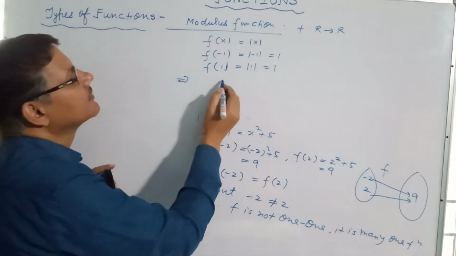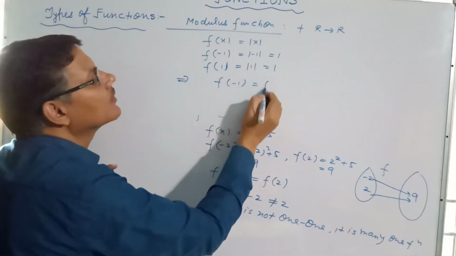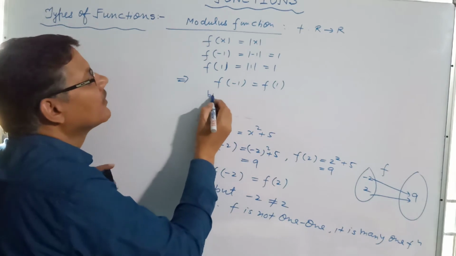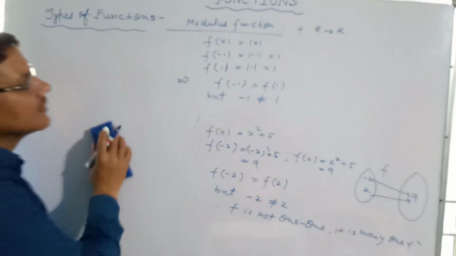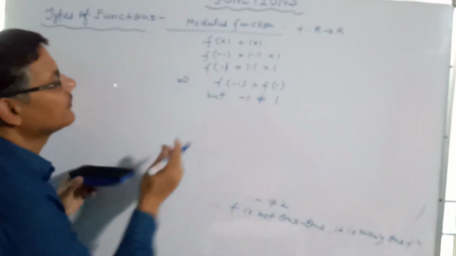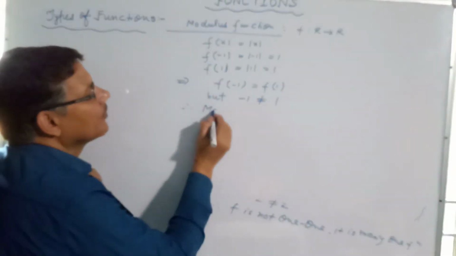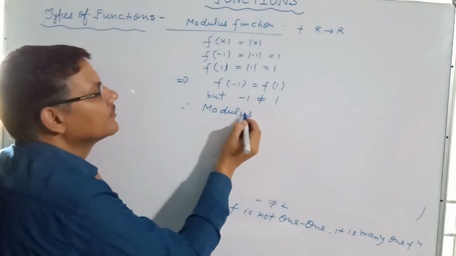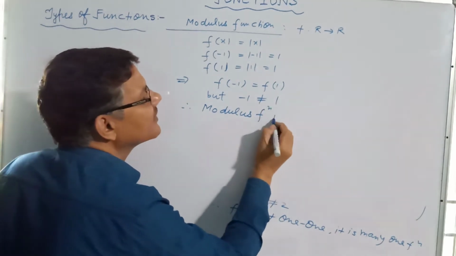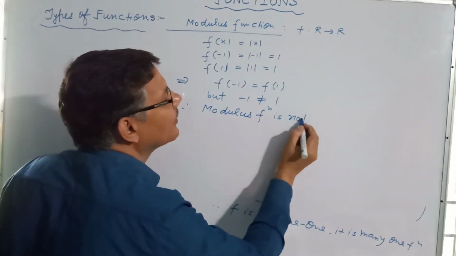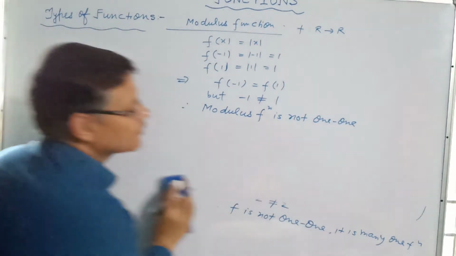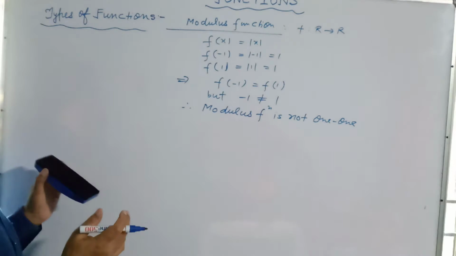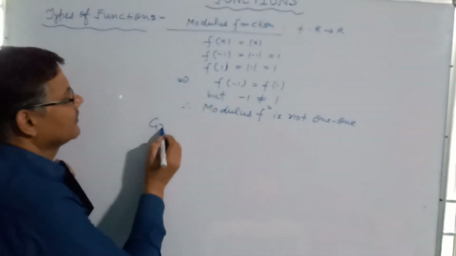It implies f of minus 1 equal to f of 1, but minus 1 is not equal to 1. Therefore, modulus function is not 1-1.